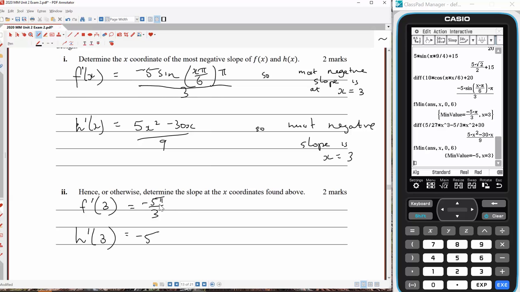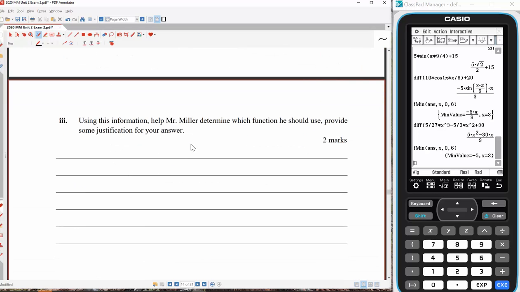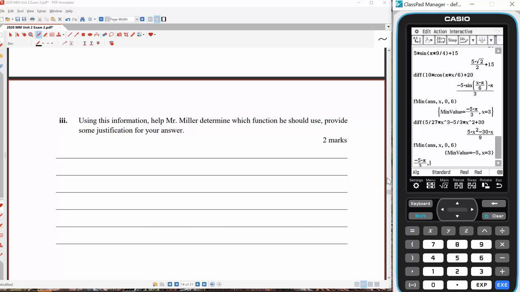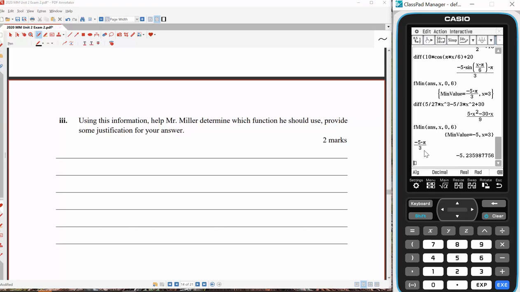So that's what the gradient is for the first one and the second one. Using this information, help Mr. Miller determine which function he should use, provide some justification. So this is -5, and this value here is approximately -5.23.